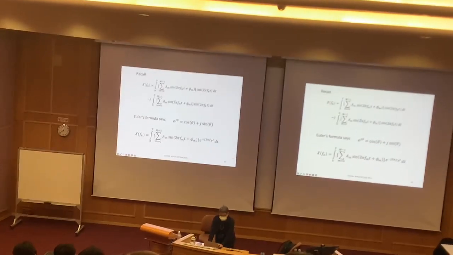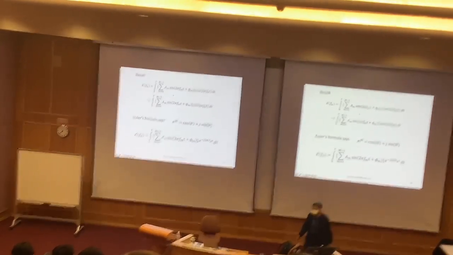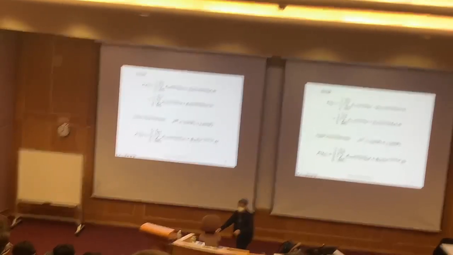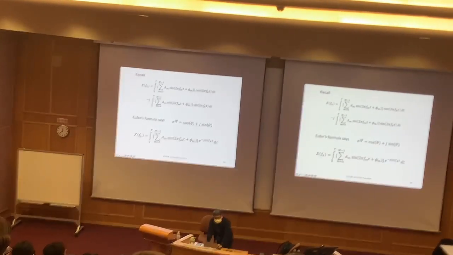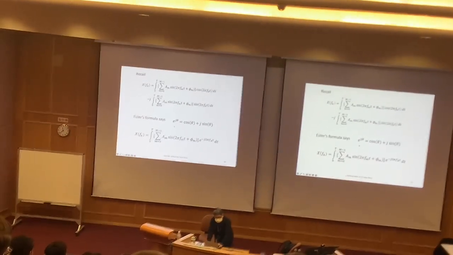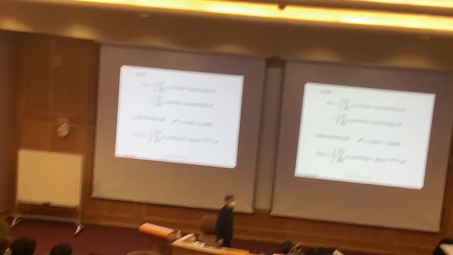It's a very long equation, right? You can shorten it because there is this formula called Euler's formula. Euler's formula says that e to the power of j theta equals cosine theta plus j sin theta. So from here, you can write it in this form. And this is the neater form.